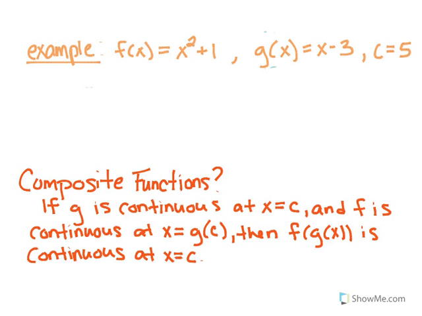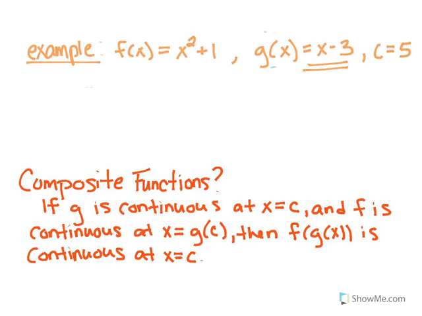So we have to take a look at the first part of our criteria. It says if g is continuous at x equals c. First of all, identify this kind of function. This is polynomial. It's also linear, but it's a polynomial function, and we learned in this video that polynomial functions are continuous everywhere. So this function is continuous at c equals 5. The next part is that f is continuous at x equals g of c.